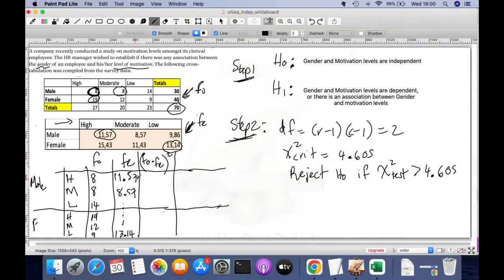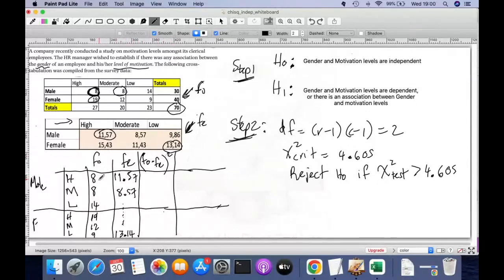Just bear with me, I know I'm not explaining why I'm doing this calculation, but bear with me until I complete it, and I'll show you why all of this work is needed. As the heading of this column says, I'm taking my F naught value, subtracting the FE value from it, and then raising it to the power 2.